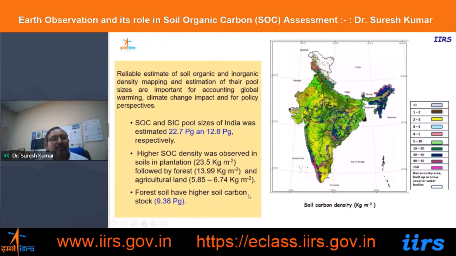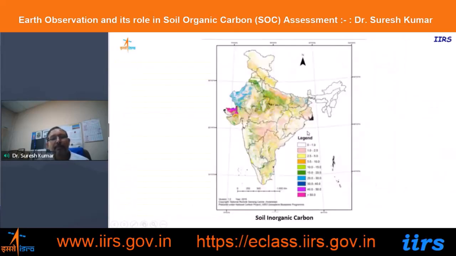For forest soils, we estimated for the entire country around 9.3 petagram of carbon present in the forest. And this is the published map of soil inorganic carbon density in India. The purple color shows more than 50 tons per hectare. This is present in the dry regions, Gujarat, the Kutch area.